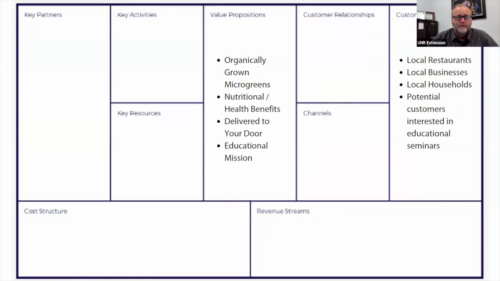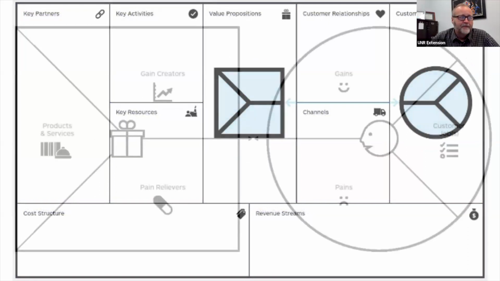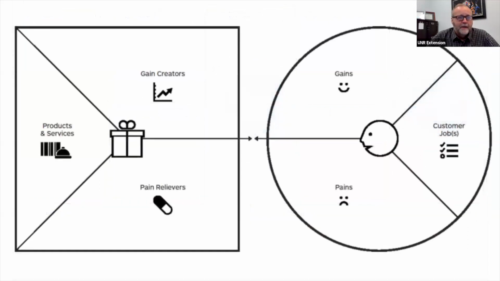The next one we're going to go to, before we talk about that, actually, we're going to look at value proposition and customer segments. They have a very unique relationship, okay? So if we look at this, our customers have certain jobs or things that they need to get done, right? And they have certain pains that they have to deal with, and they have certain gains they'd like to create, okay?